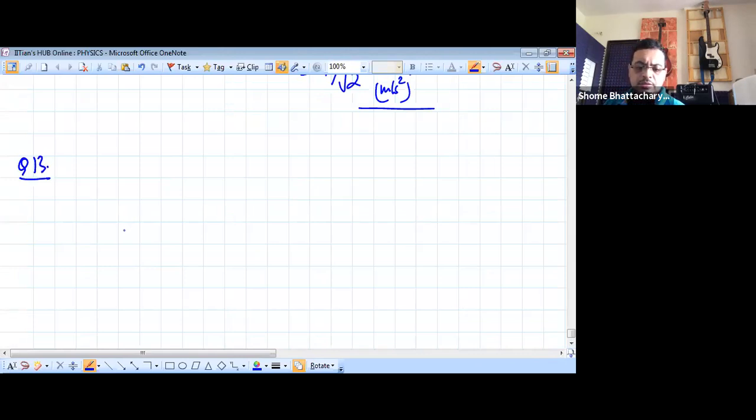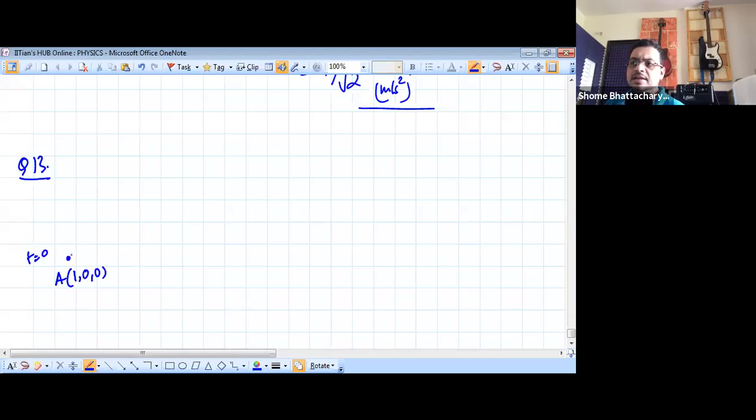इसमें क्या हो रहा है that it is given to you that at t equal to 0, a particle is, let's say, over here at this point A, suppose, which is given to us as 1, 0, 0. Okay.